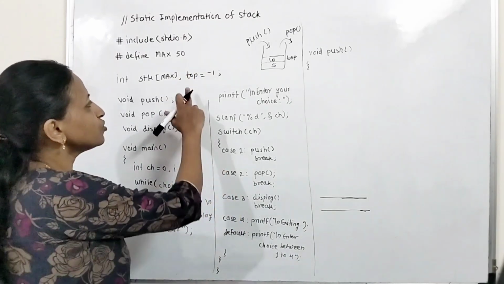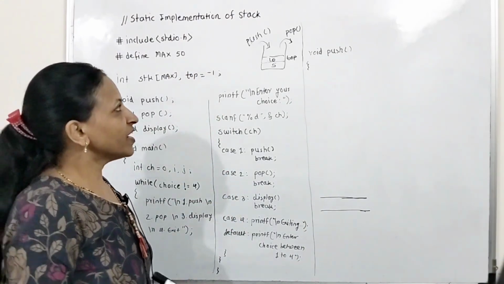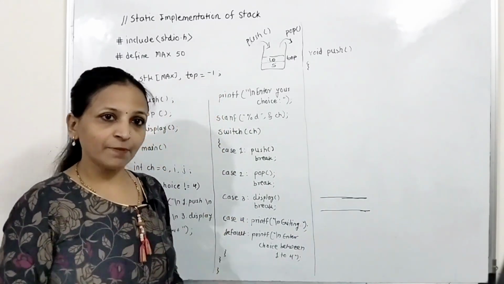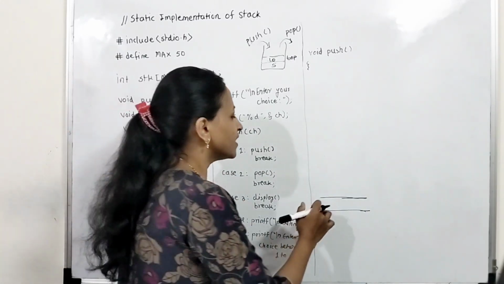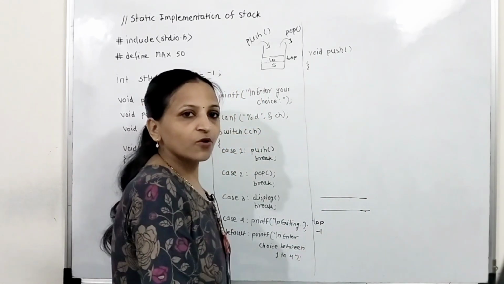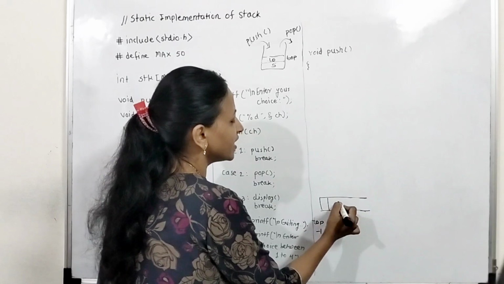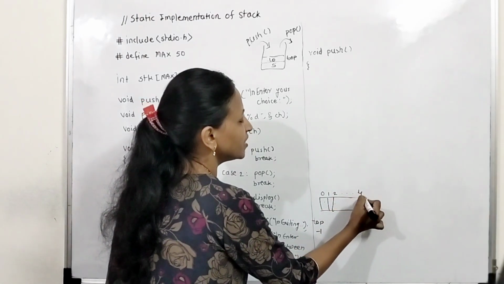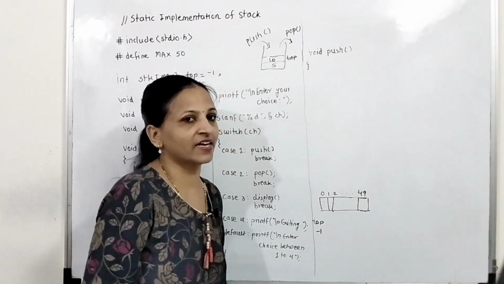Getting? Now next one is top is equal to -1. Whenever there is nothing in that array, means array is empty, stack is empty, then at that point top we have to set to -1. Okay, why is -1? Because array index starts with 0, then 1, then 2 and so on, in this case up to 49.